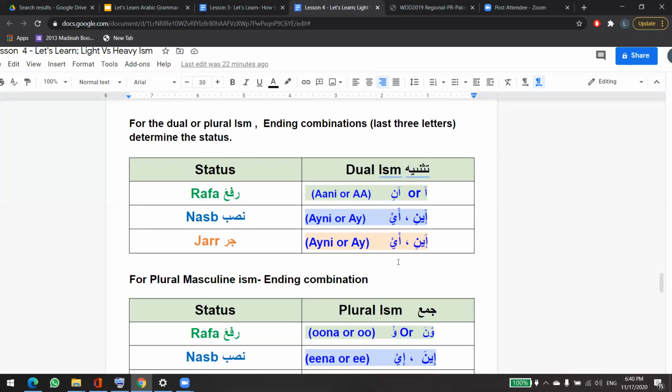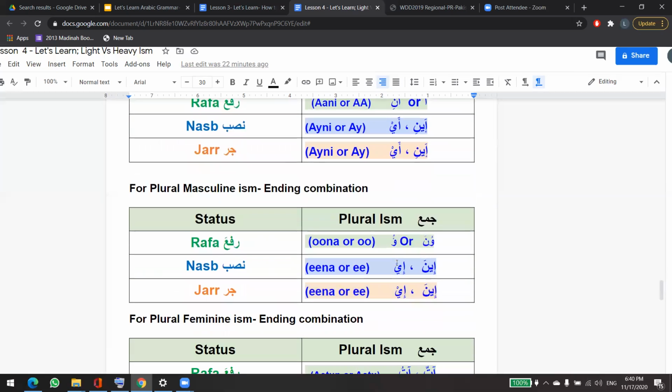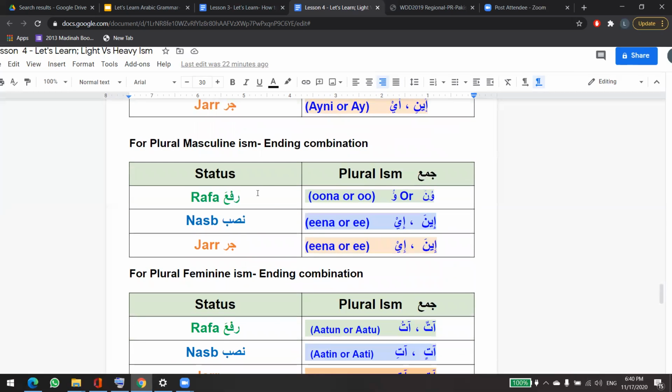And for plural masculine ism, for rafa status, we have the ending combination una or u. For nasab and jar status, both have the ending combination either ina or e. In this chart for plural masculine ism, una, ina denote the heavier version, and u, e denote the lighter version.